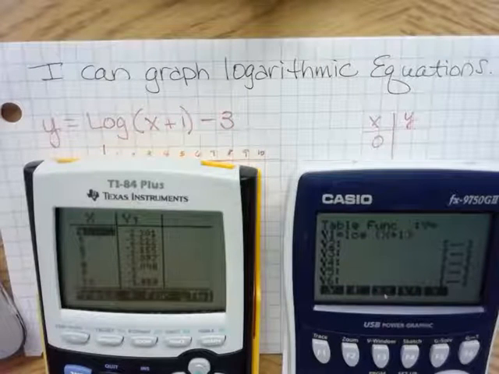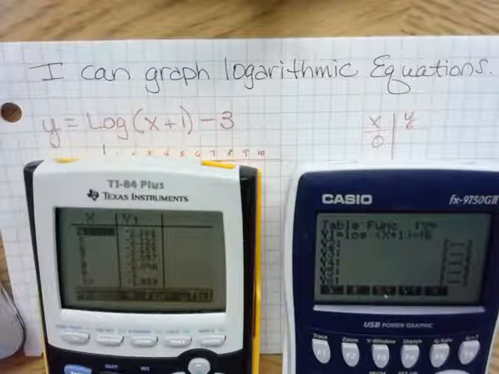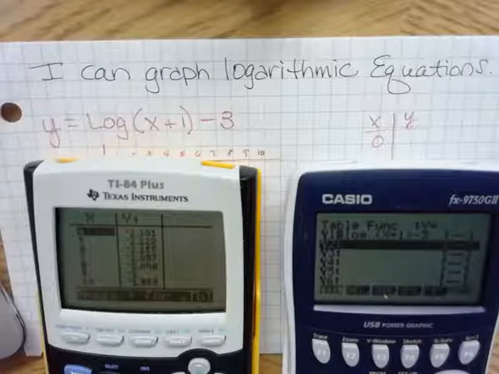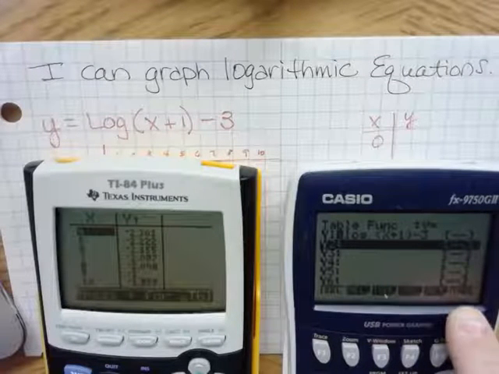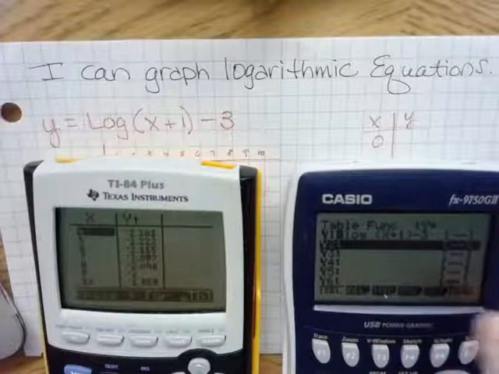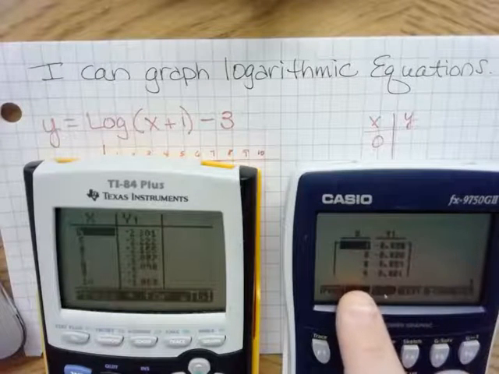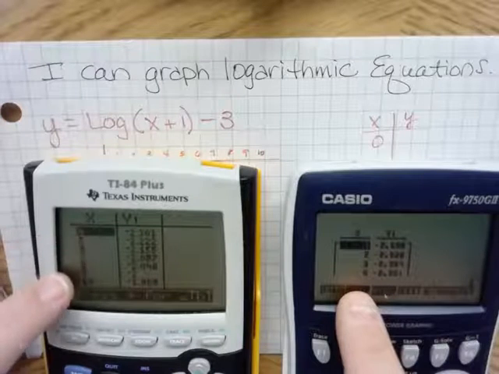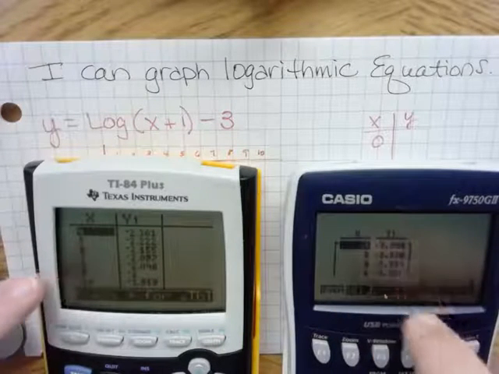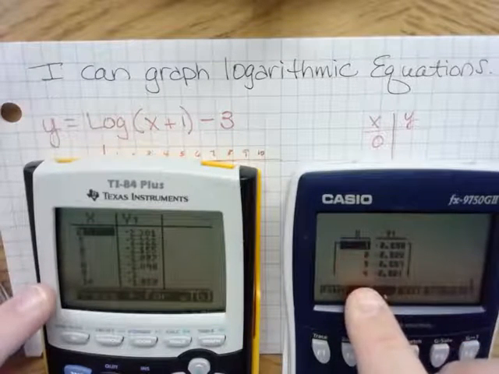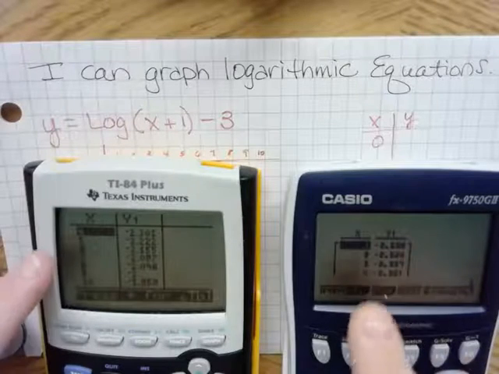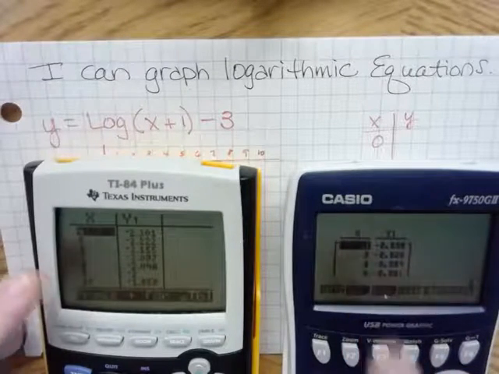Close it up, minus 3. And I go ahead and hit execute. And noticing right here, it says TABL for table. So choose here. And unlike the TI, where it lists a lot of x values, the Casio only lists a few. However, I want specific x values.